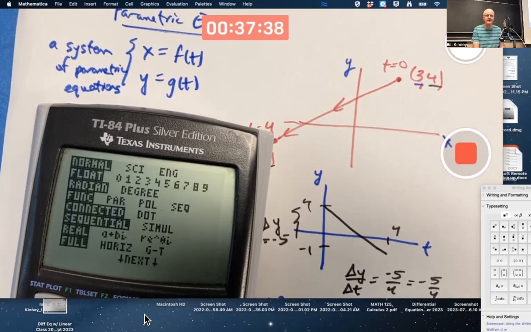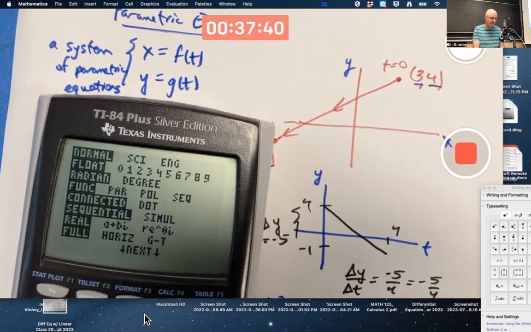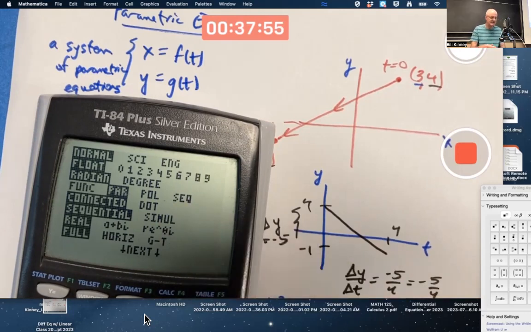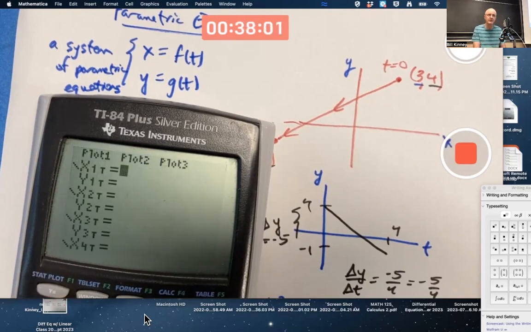Go to your mode button, your mode screen, change from function to par. That stands for parametric. Function means ordinary functions. Par means parametric. Pol means polar. Seq means sequence. We want par for parametric. When you go to your y equals screen now, it will look different than usual.